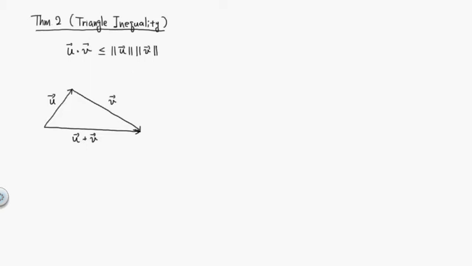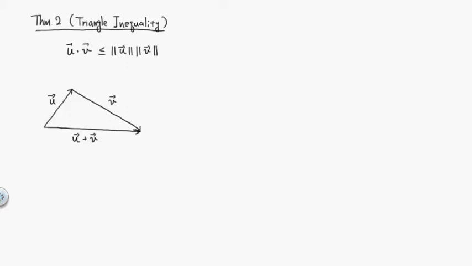Let's say you have a triangle. Say this is vector u, this is vector v, and this is just the sum of those two vectors. So the length there, the norm of u plus the norm of vector v, is going to be greater than or equal to the norm of vector u plus vector v.